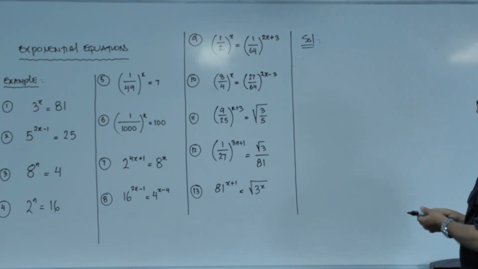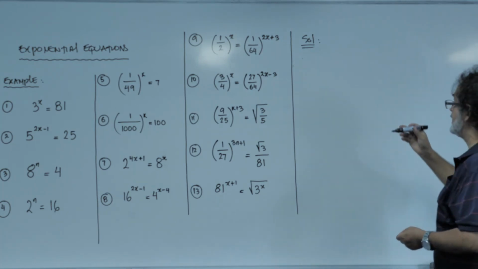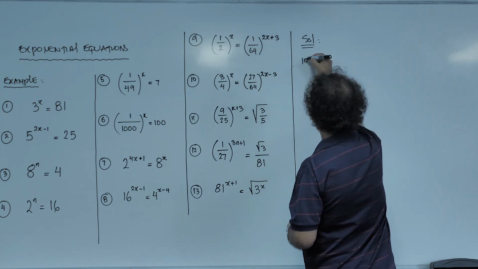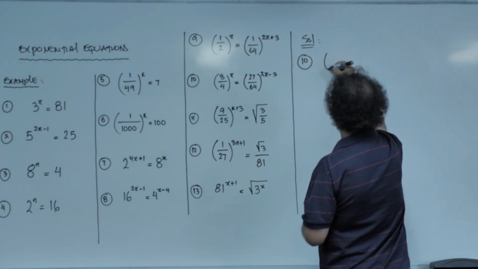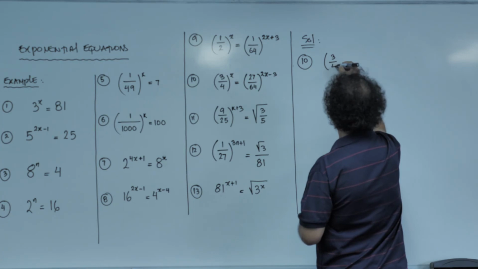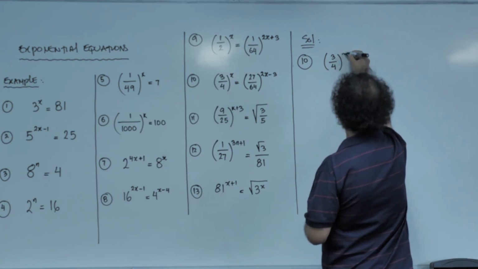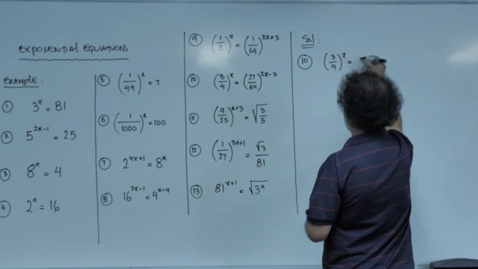All right, here we go. The next one. Very quickly. Question 10. Oh, why did I go straight to 11? Oh, I wrote it down so nicely.